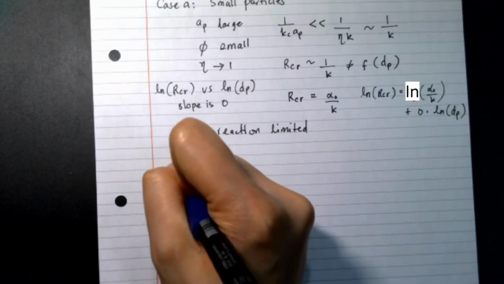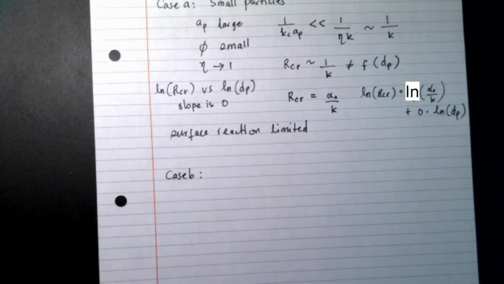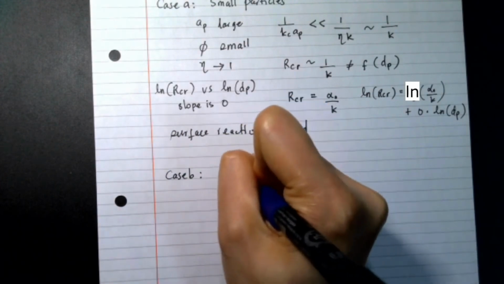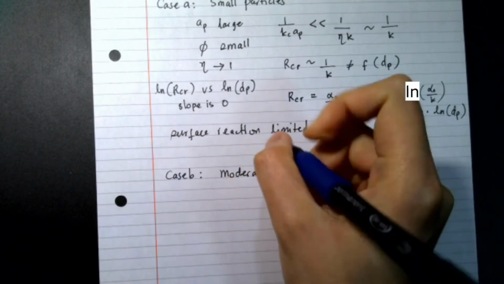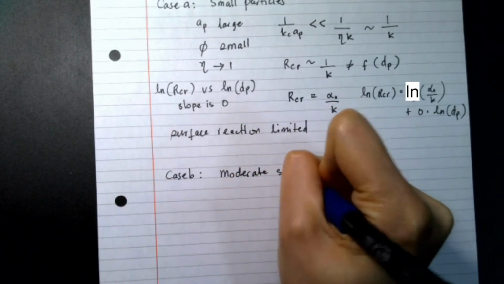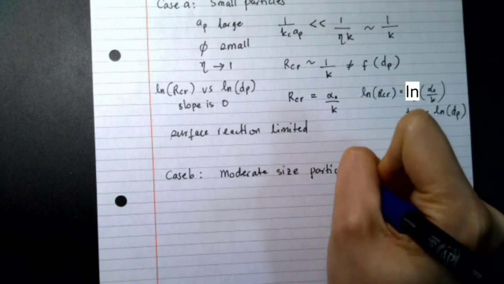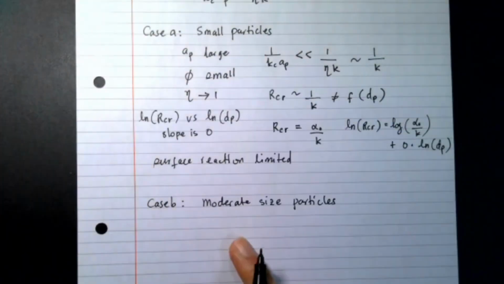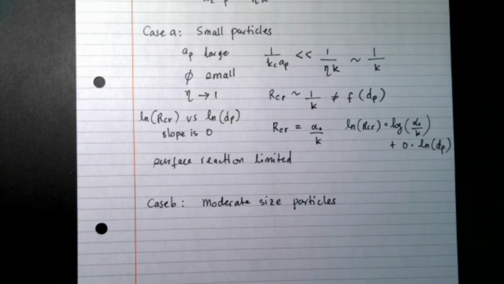So let's consider case B, where your particles are moderately sized. We know from topic 3 that for small to moderately sized particles, we have two choices for the step that is controlling the process: surface reaction or internal diffusion.